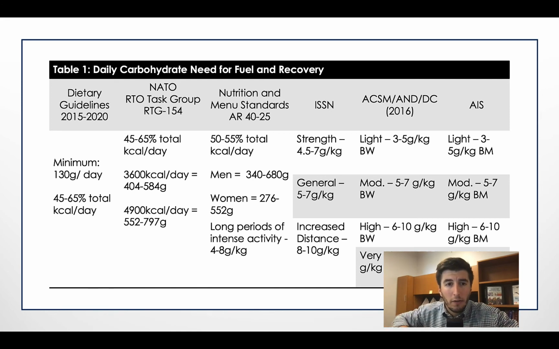And if you look, you can actually see that each one of these guideline groups, so this is the dietary guidelines, nutrition and menu standards, International Society of Sports Nutrition, American College of Sports Medicine, each one of these is recommending something a little bit different in terms of how many carbohydrates to eat per day.